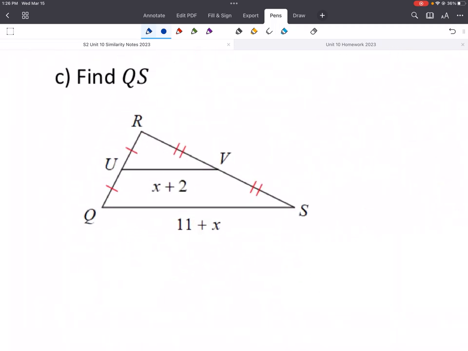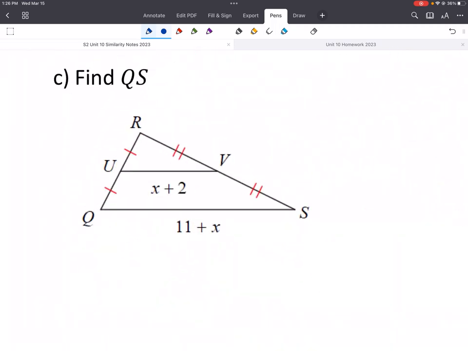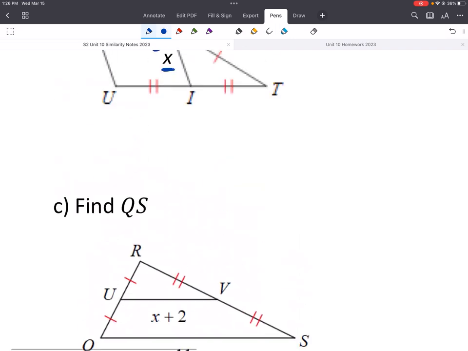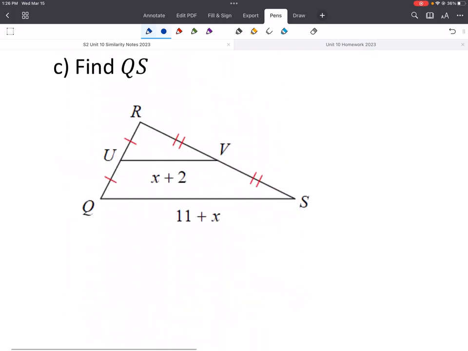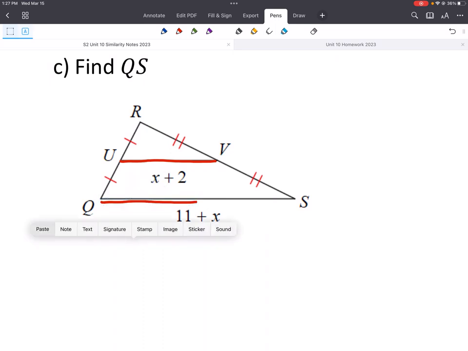Alright, this is more like what you're going to see on your review and your test. These other ones are so simple; this just asks you to do a little extra algebra. But it's the same process. This is our small triangle, and I'm going to show this to you. It's kind of cool. If I copy it, paste it, and put one here, and put another one here, what do you notice?